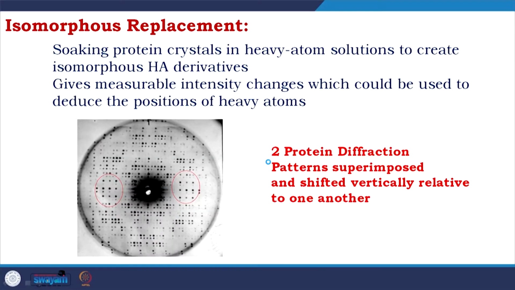Merged means superimposed. So, two diffraction patterns, one is the native protein, another is the mercury added protein, superimposed, and we could see the shift of the peaks vertically relative to one another, and we could also see the change of intensity very easily. So, this tells that by addition of heavy metal there are changes that happened.